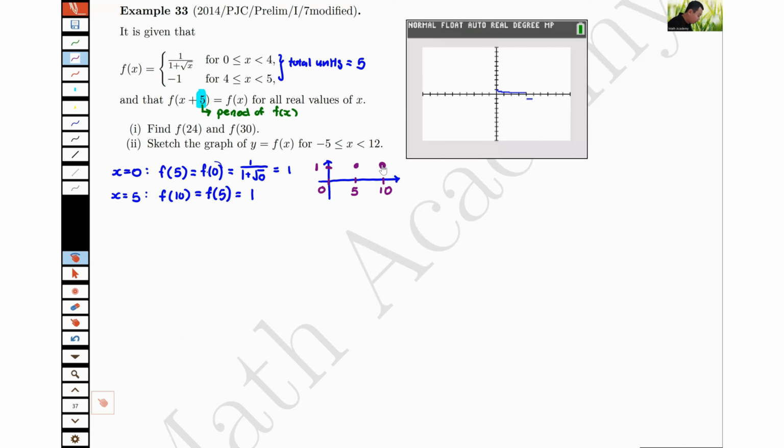So what we are observing here is that every 5 units, we have the same y value. At 0, at 5, at 10, all of them refer to the same y value. So what's the implication of knowing that every 5 units you have the same y value? It means that the graph repeats every 5 units.